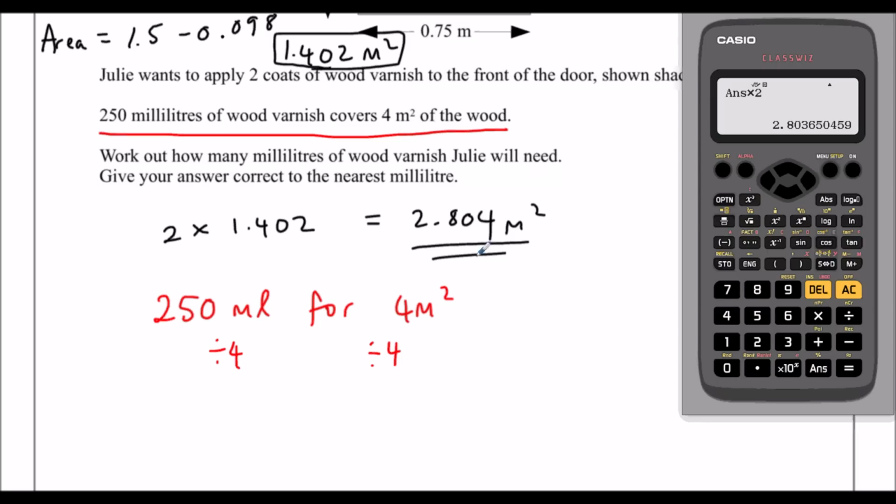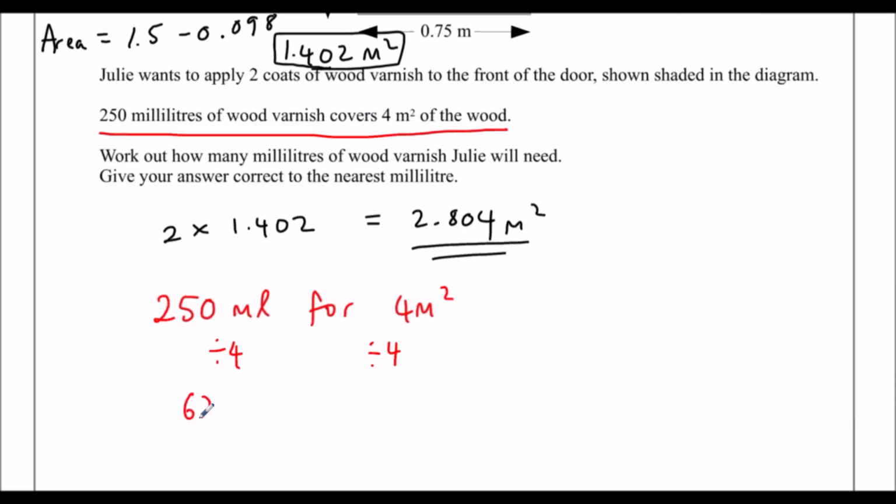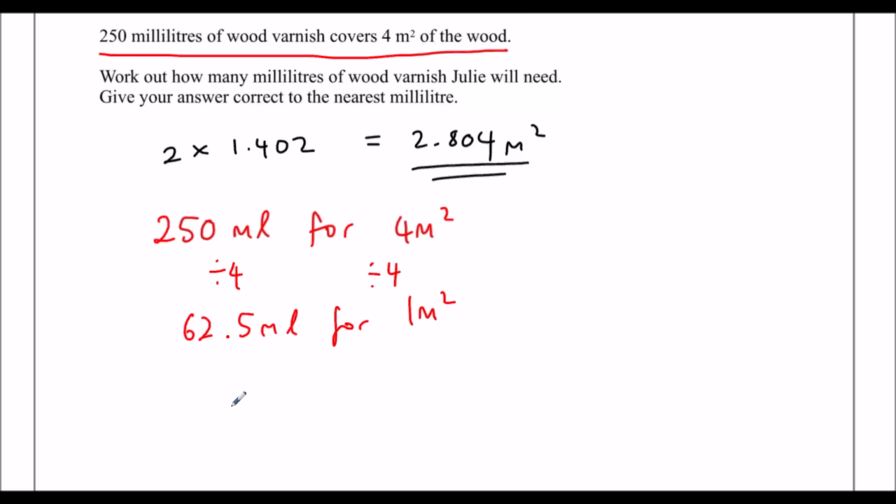So we could use a rounded number here, or we could store it in the calculator. I press store A, so we've saved this number as A. 250 divided by 4 is 62.5. So 62.5 milliliters for each meter squared. We've got 2.804.